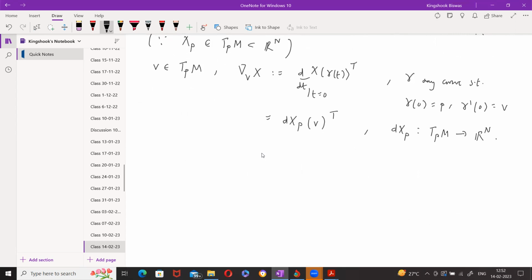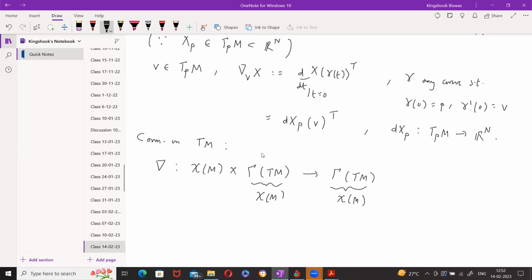So my connection on TM will be a map nabla from chi-M cross chi-M to chi-M, sending X, Y to nabla XY.